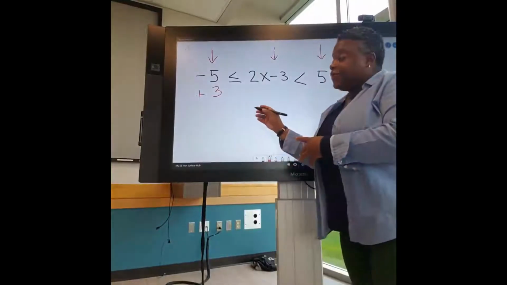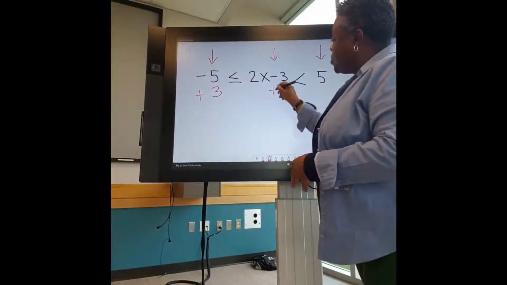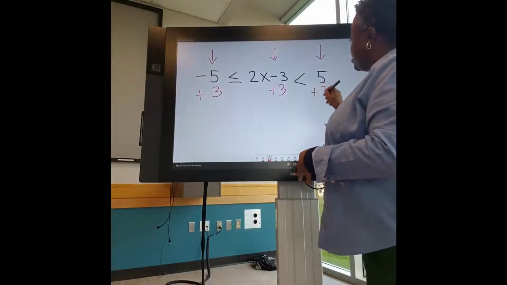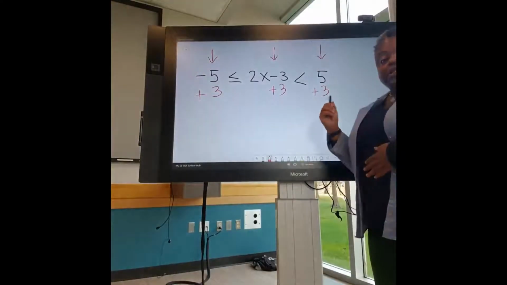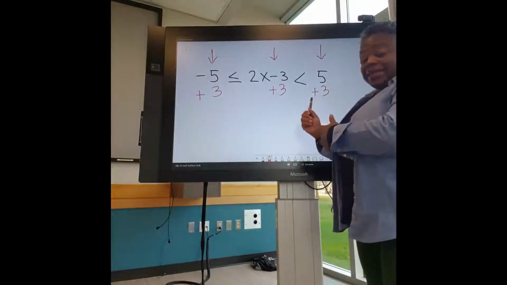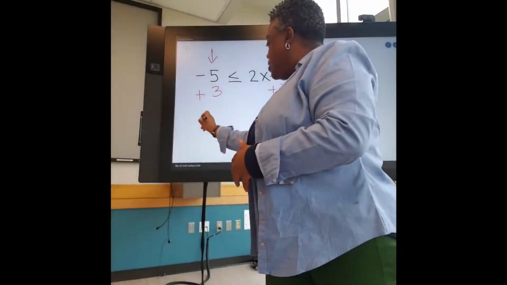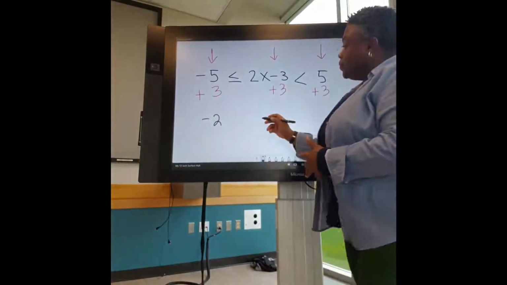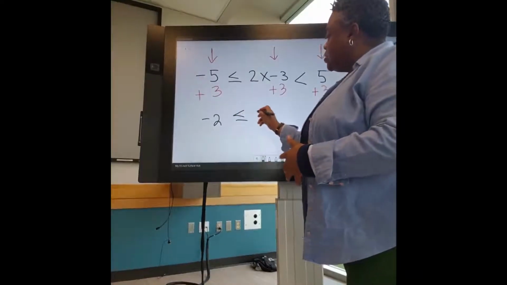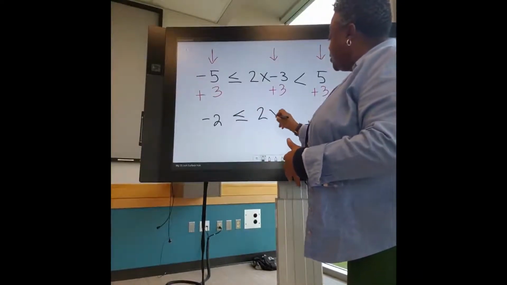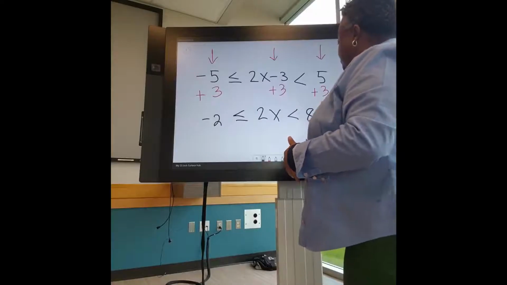And then, I took it from the mother, so I'm going to write it there. And then I want to give some of my Scooby snacks to the kid on the right side. When I do that, now I have -2 is less than or equal to 2x, which is less than 8.